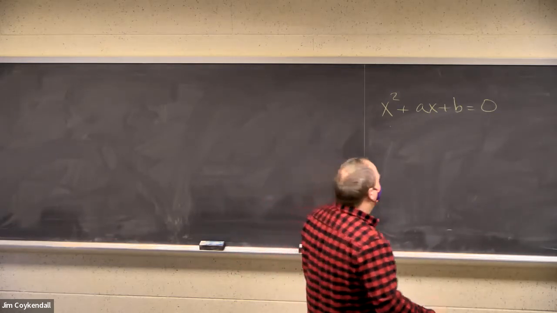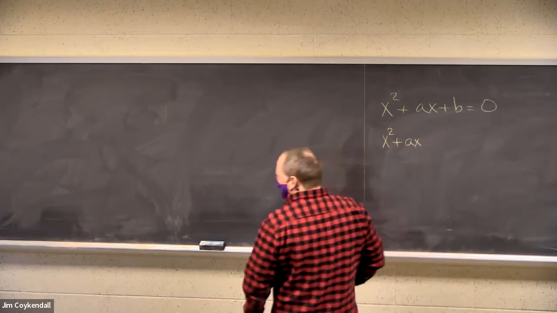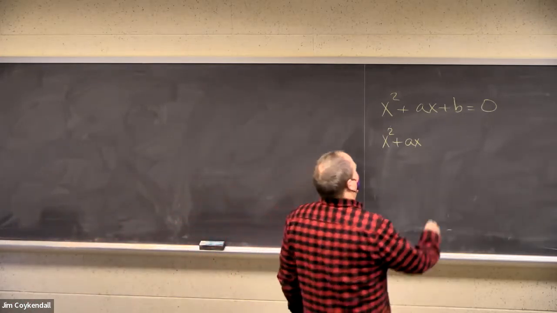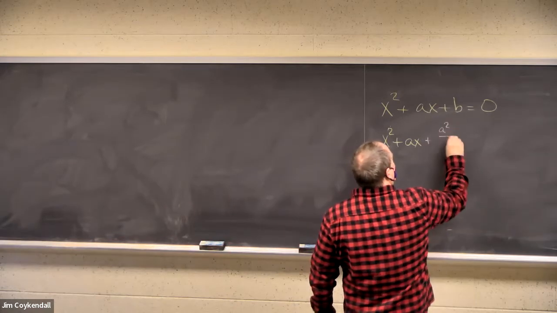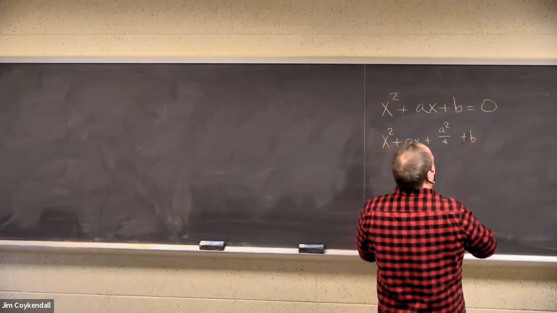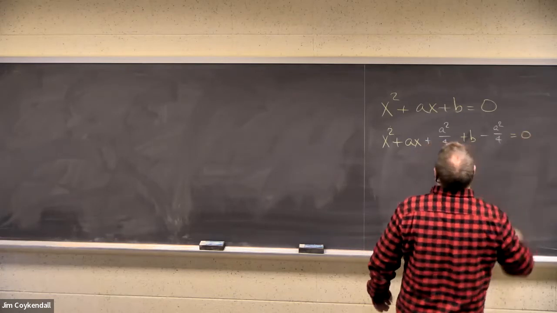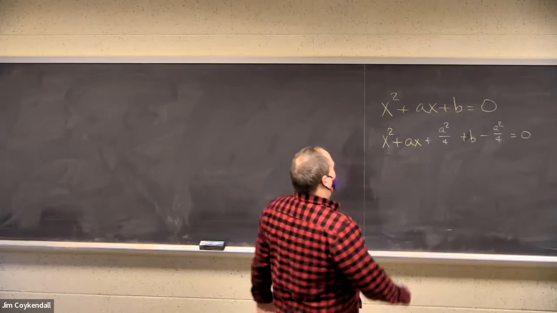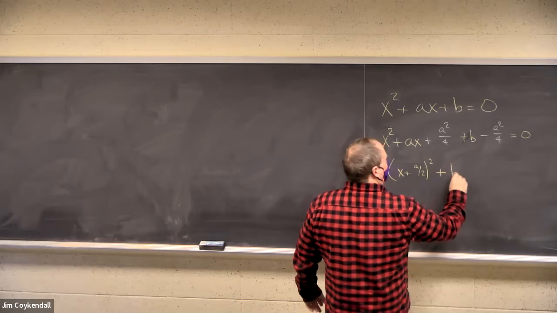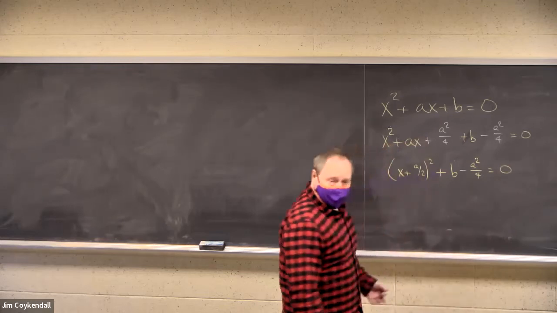Yeah, complete the square. And you did something like you wrote, okay, x squared plus ax. And then you made this a perfect square by adding 1/2 of a, squared.